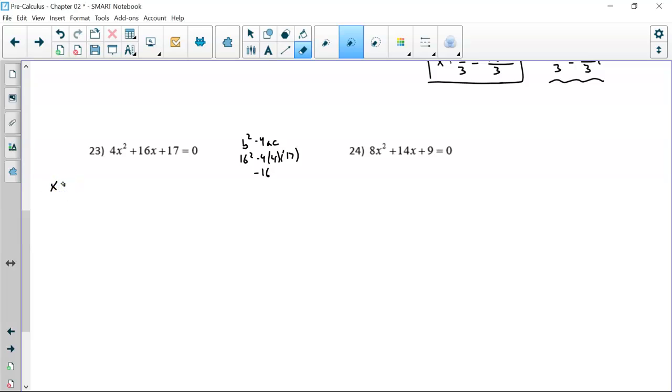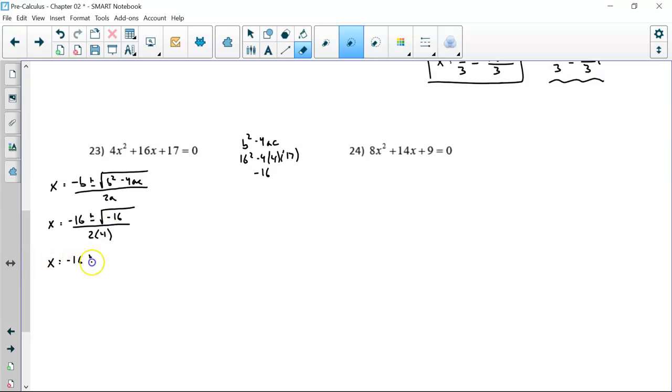x equals, once again, I wouldn't use completing the square just because of the fractions with the leading coefficient being a 4. The opposite of b, plus or minus the square root of b squared minus 4ac, all divided by 2a. So it's going to be negative 16 plus or minus the square root. Now I found b squared minus 4ac is negative 16, all divided by 2 times 4.